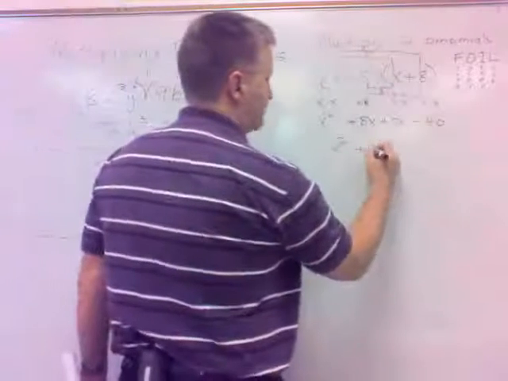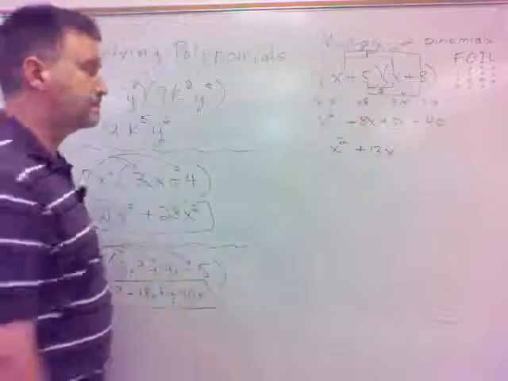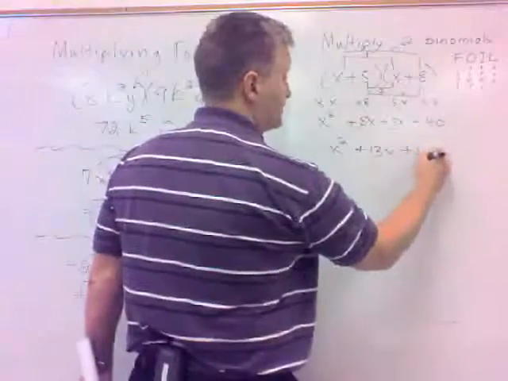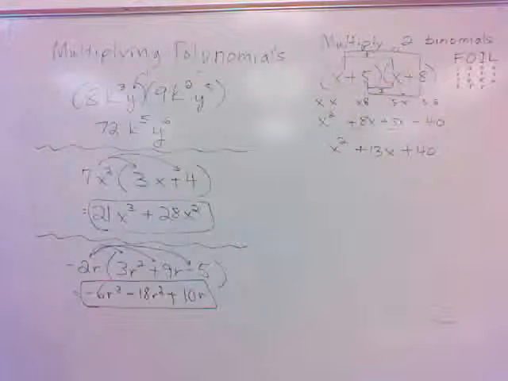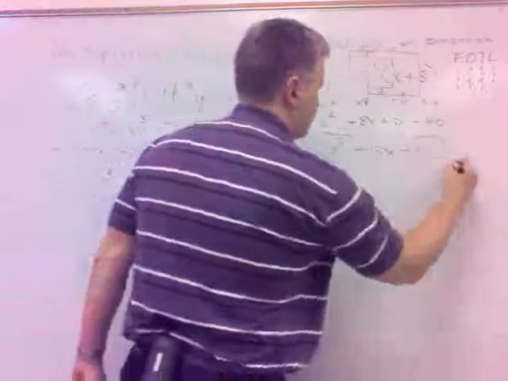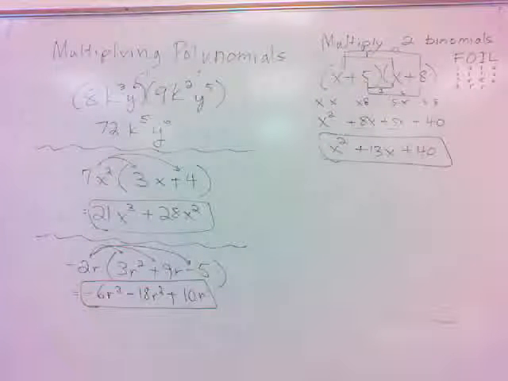So add their coefficients. The variable stays the same when we add the like terms, because we're not multiplying there, we're just adding them. So the variable doesn't change in that case, right? So we wind up with a trinomial, which usually happens a lot when you FOIL 2 binomials.